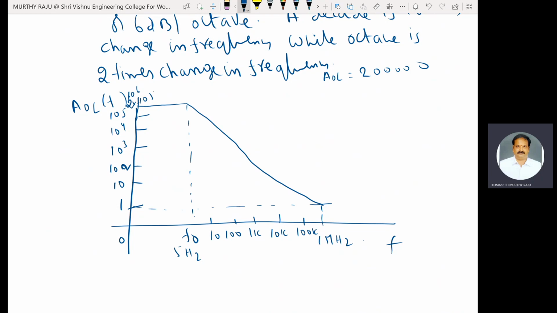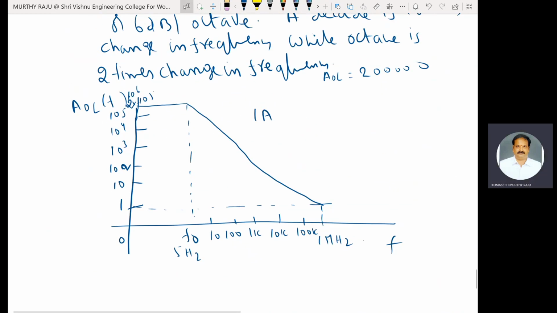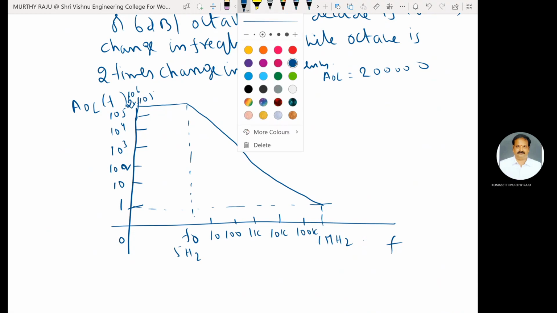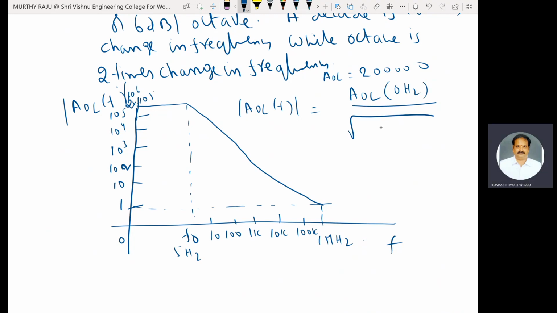Here not in dB values. Here we use the direct magnitude expression, not in dB. Mod AOL of f is equal to AOL at 0 Hz frequency divided by square root of 1 plus f by f naught whole squared.